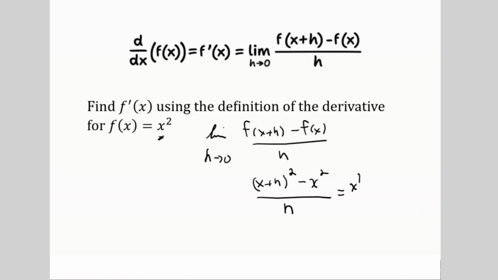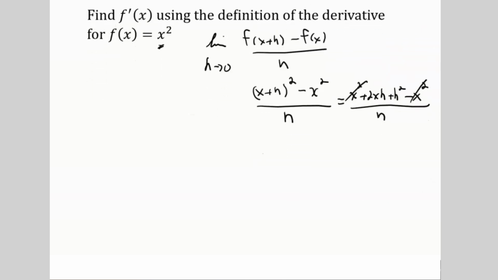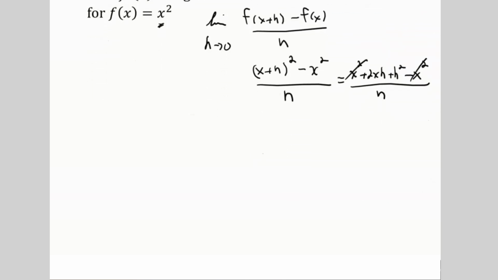So that would be x squared plus 2xh plus h squared minus x squared, divided by h. The x squareds cancel, and I get 2xh plus h squared divided by h. I'm going to factor out an h, so I get h times 2x plus h, divided by h.